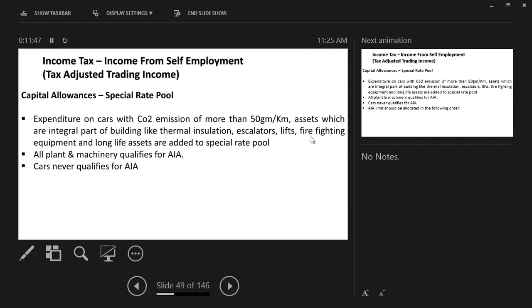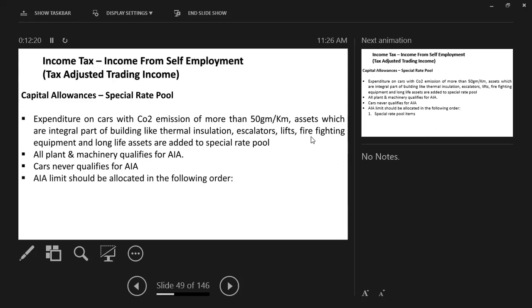So it will take more than 14, 15, 16 years, because it is on reducing balance, before we will be able to claim the whole asset as an expense. On the other hand, if we claim it against AIA, we can claim the whole amount at once. So it's better that we charge the annual investment allowance in a certain order.